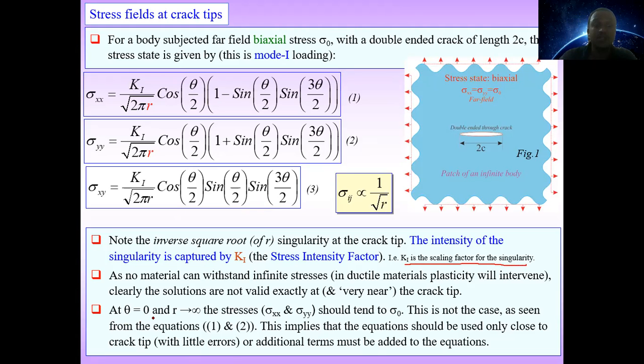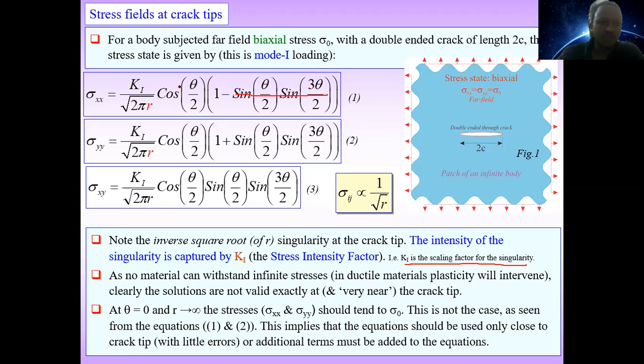At theta equal to 0 and r approaching infinity, the stresses sigma xx and yy should tend to sigma naught, because here K1 is there. When r approaches infinity and theta is 0, theta 0 means cos 0 is 1. 1 minus sine 0, sine 0 is 0, so this part will be 0.